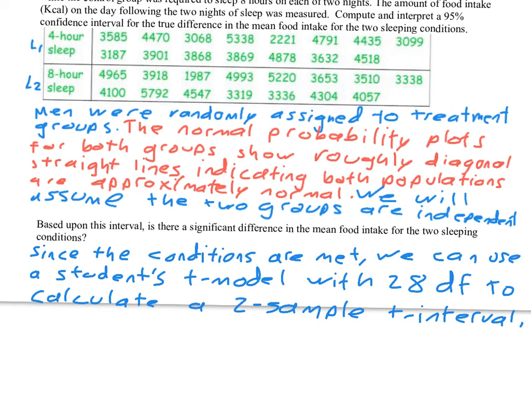Okay, I'm going to be nice in this chapter and just let you guys write the interval. So it goes from negative 814.1 to 523.55.